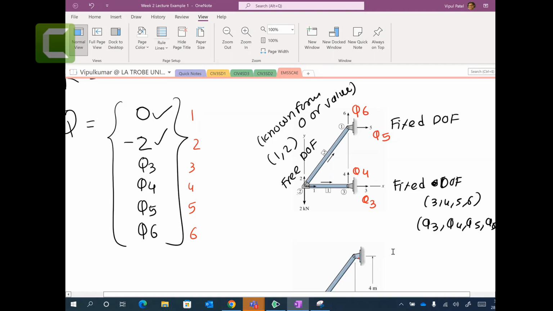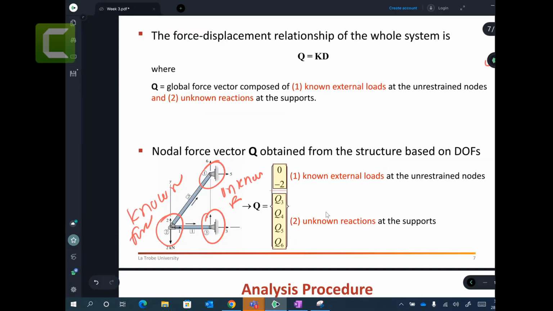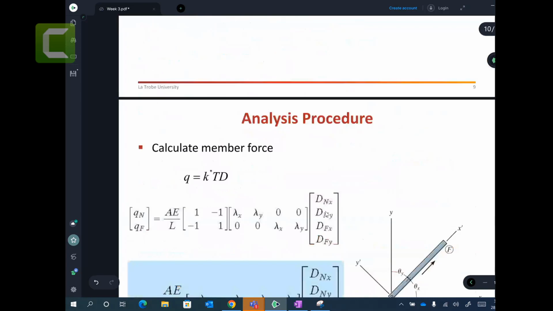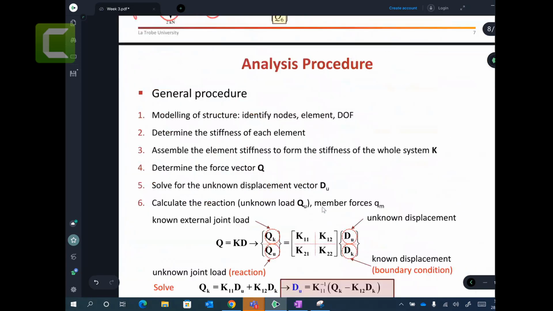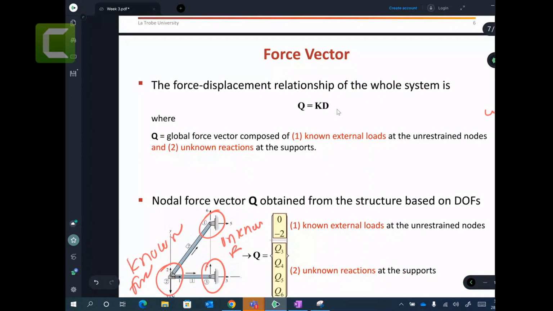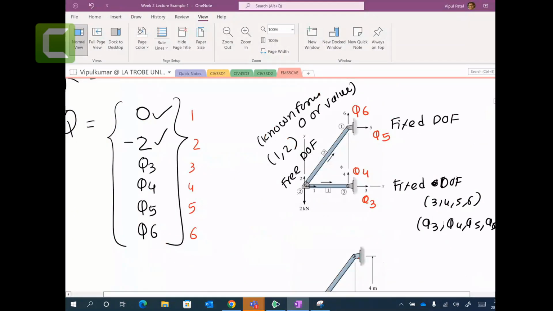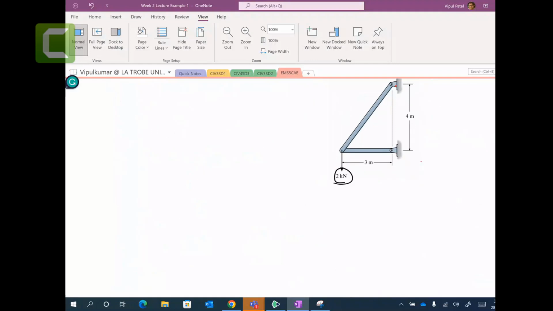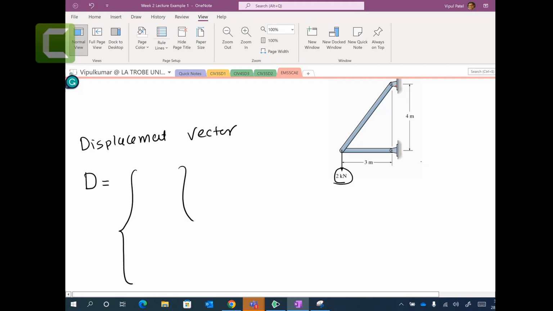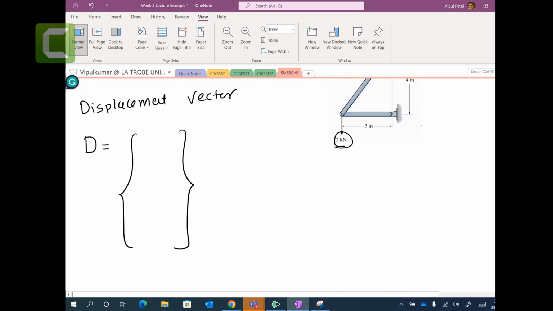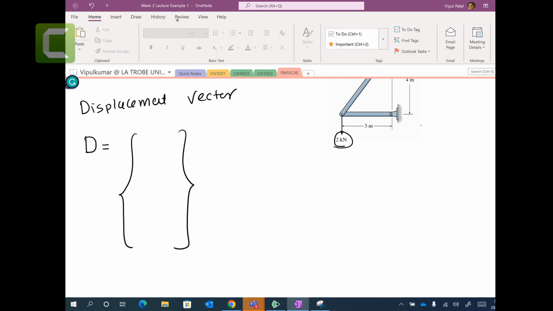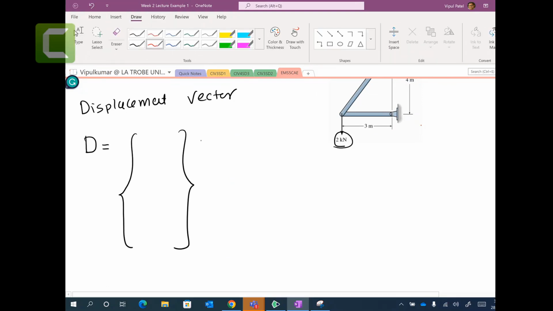For the displacement vectors, let me go back to my lecture notes here. Before we go on to the analysis procedures, let me go back to the displacement vector. Now the displacement vector D is exactly the same as the Q vector, which is 1, 2, 3, 4, 5, and 6.